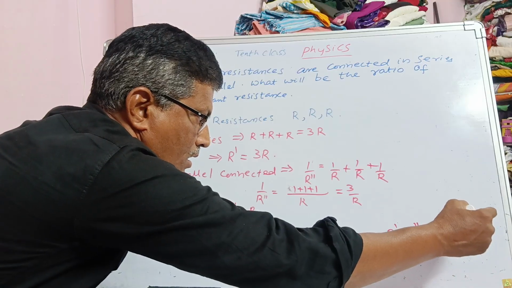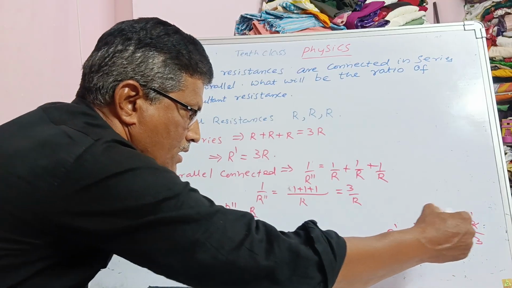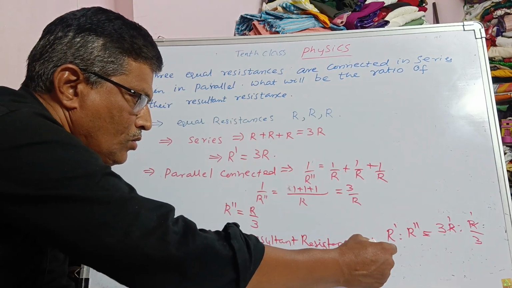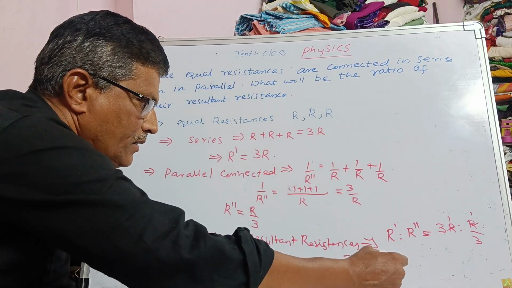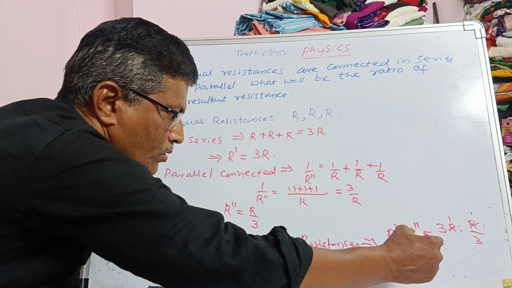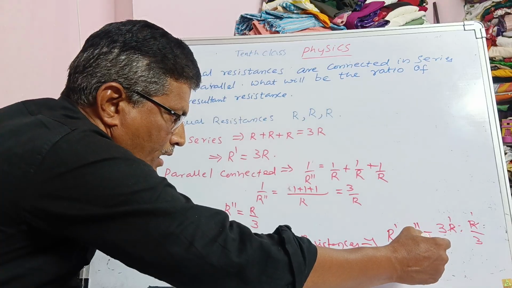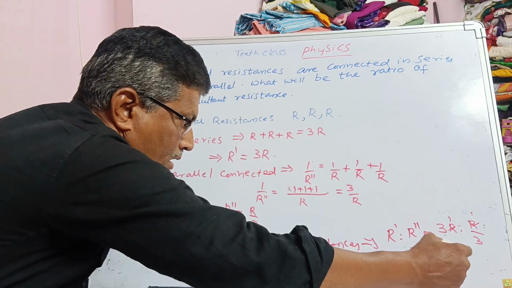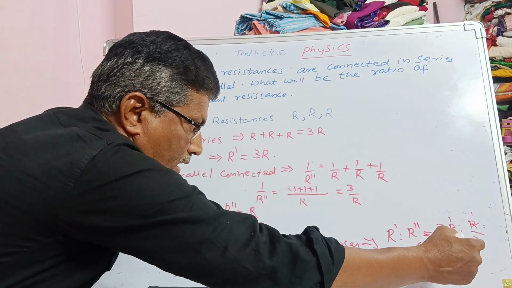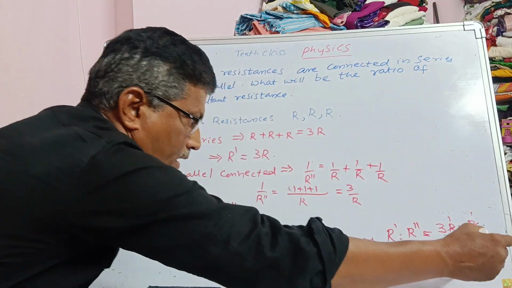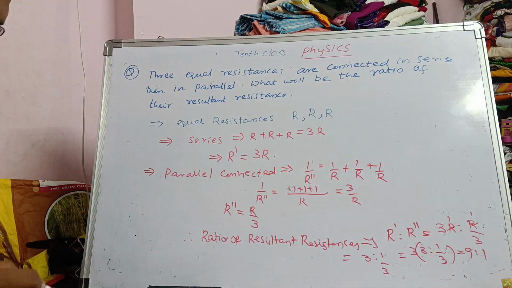The R cancels, so that is equal to 3 is to 1 by 3. On taking LCM and multiplying the ratio by 3, 3 threes are 9 is to 3 into 1 by 3, which is 1. The answer is 9 is to 1.